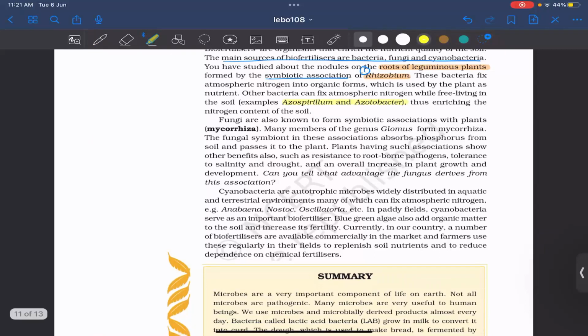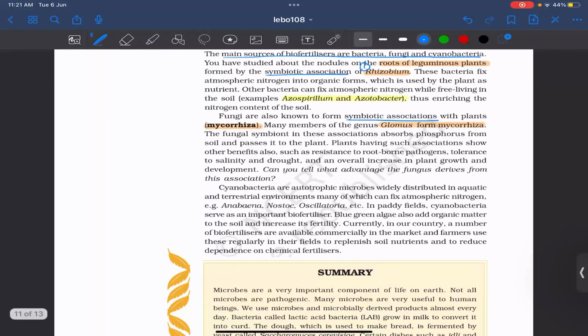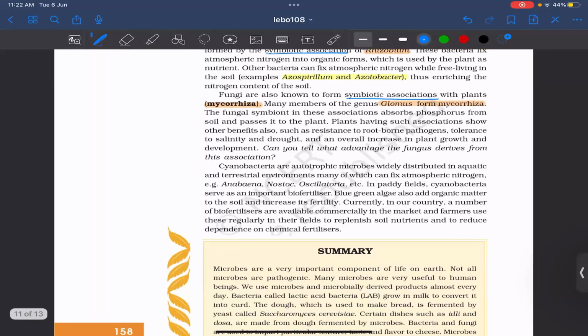Now next we have the fungus mycorrhiza, which has a symbiotic association with plants, and many members of the genus Glomus form mycorrhiza. Symbiotic associations. Now the fungal symbionts in these associations absorb phosphorus from the soil.